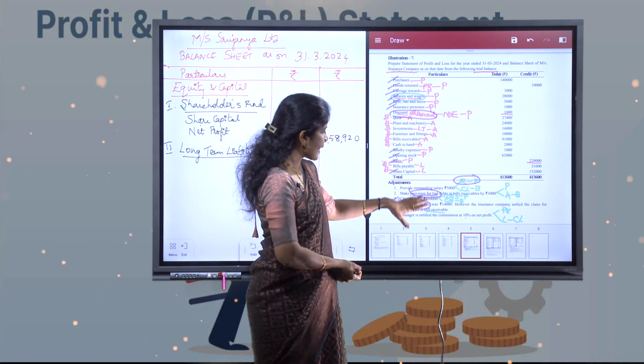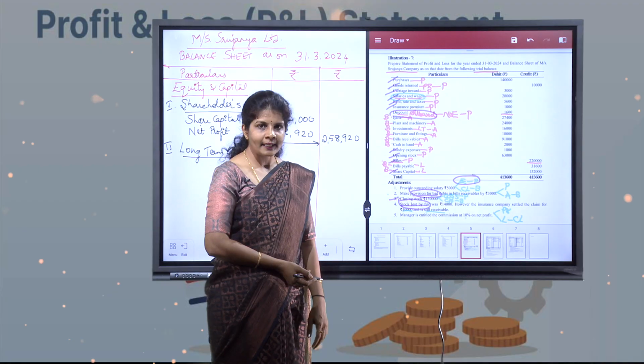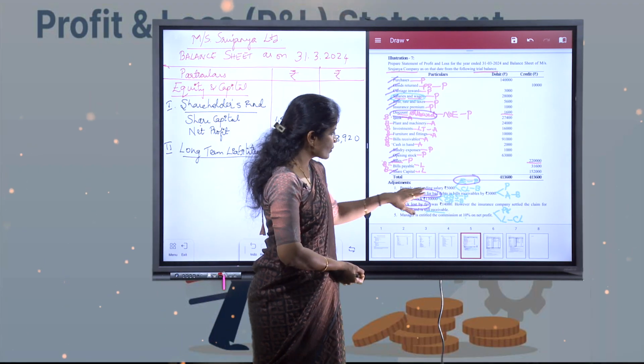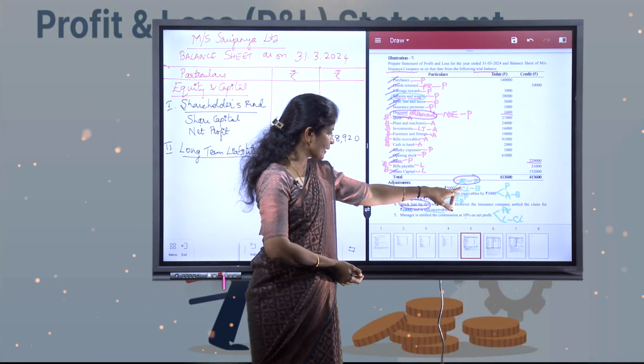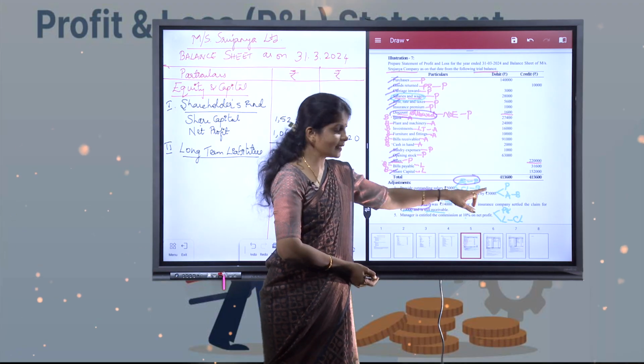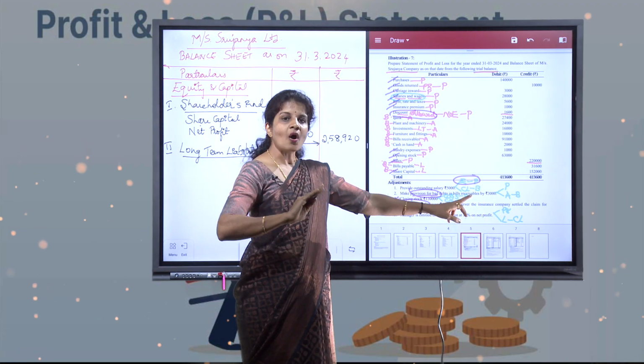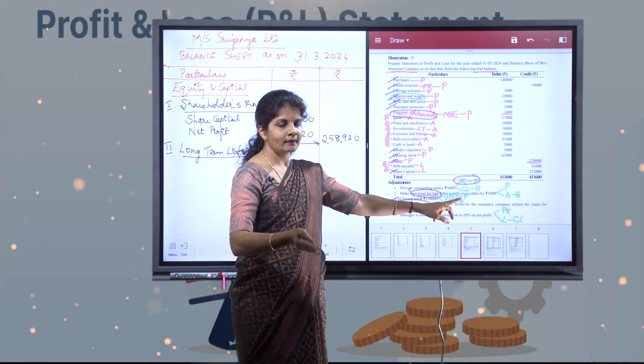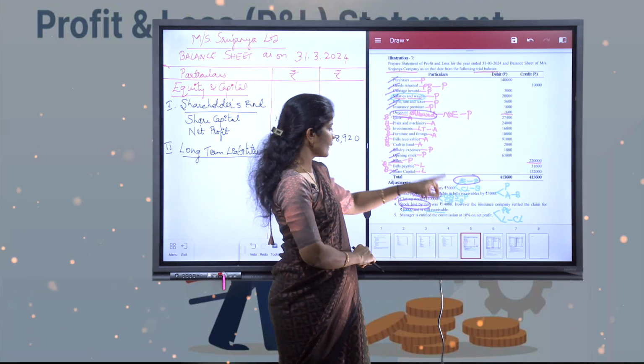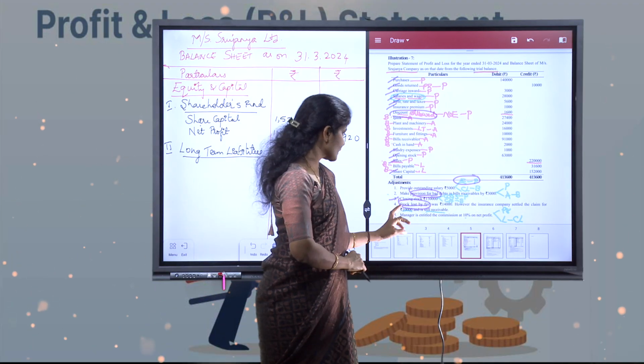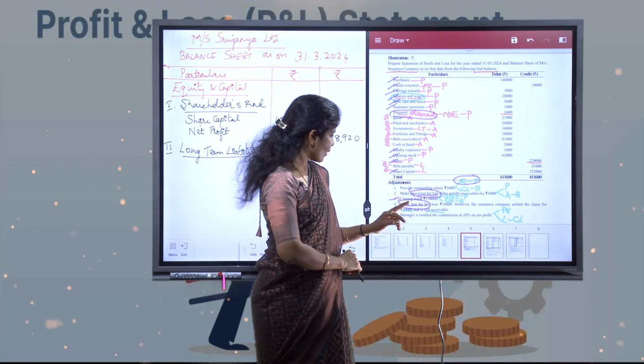Bills payable is actually a current liability, not a long term liability. Let us see if we get any information in the additional information. Outstanding salary is also a current liability. Provision for bad debt is also a current liability, or else we can deduct this from the bills receivable directly and show it on the asset side. Closing stock is also an asset.